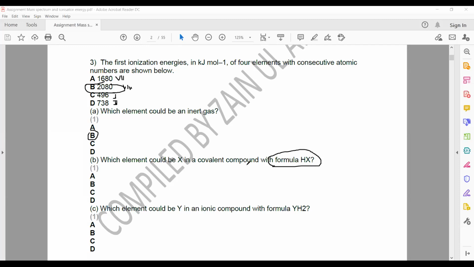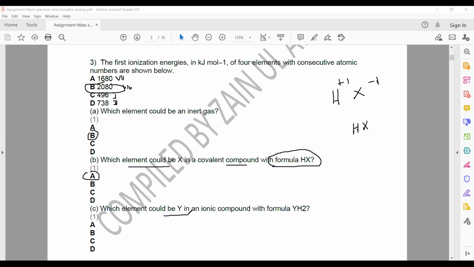Covalent compounds can be formed by non-metals. Yeah, A is the right answer, because a group 7 non-metal will have a valency of -1 and hydrogen is +1. So they will form a compound of HX.